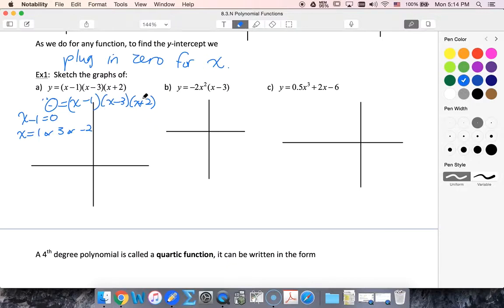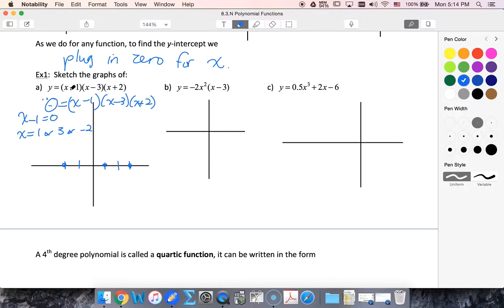So I would make each one of those equal to 0 separately. This means my roots are going to be 1, 3, and negative 2. Hopefully this is starting to come back to you, that it's always going to be the opposite of the sign. So here's my 3 roots, 1, 3, negative 2.